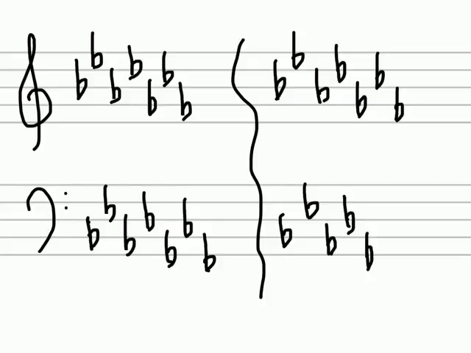Go up a third from G flat, and it's B flat minor, not B minor, B flat minor, because we already have a B flat earlier in the key signature. Go up a third from C flat, and we're in E flat minor. And finally go up a third from F flat, and that's A flat minor.